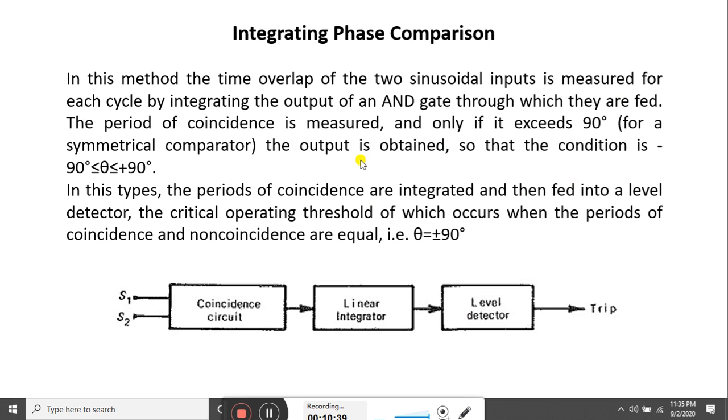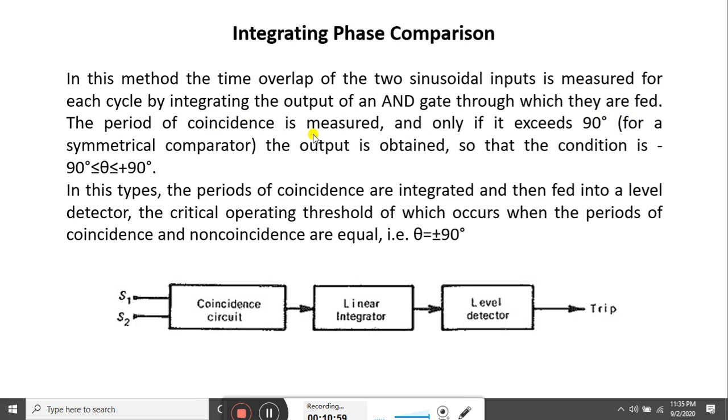In this method, the time overlap of the two sinusoidal inputs is measured for each cycle by integrating the output of an AND gate through which they are fed.